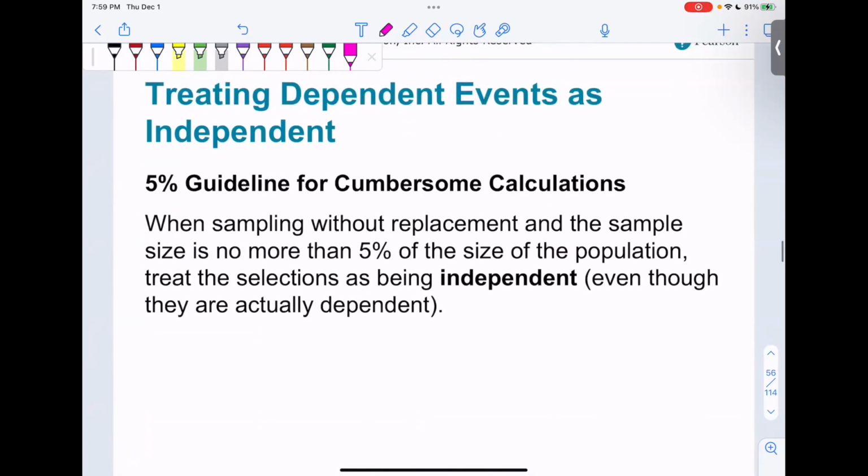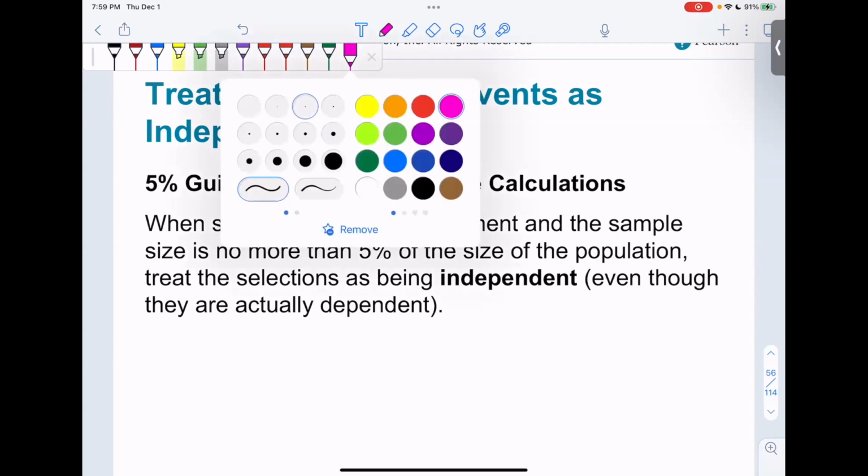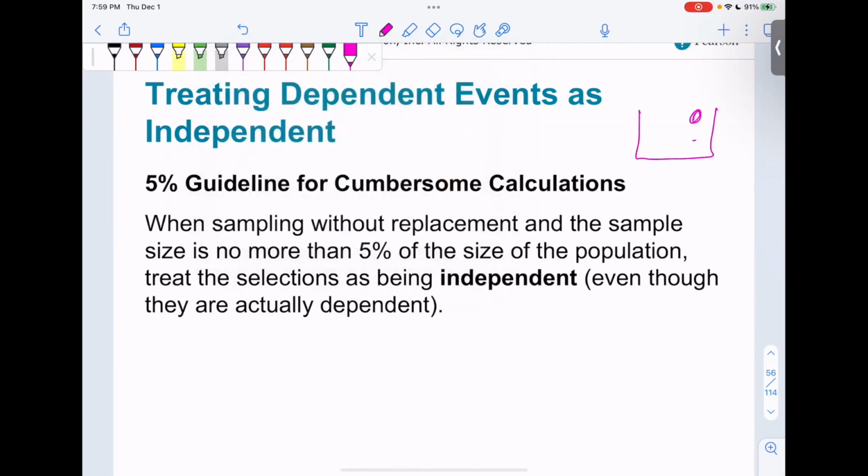Okay, this is important. So we said this must be with replacement, right? Because if we didn't return the marble before we start the next experiment, then the probability of success will be changing.